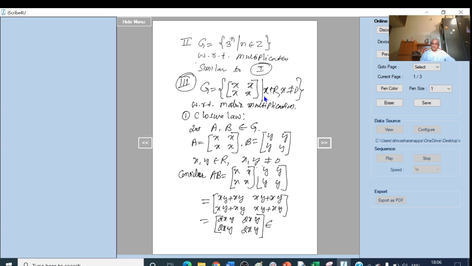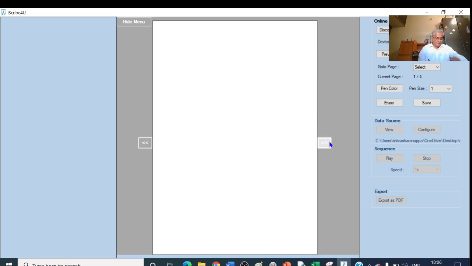Therefore, we say that this again belongs to G. That is, closure law is satisfied. Next, we go for associative. Second one, associative. Directly we can write matrix multiplication is associative.